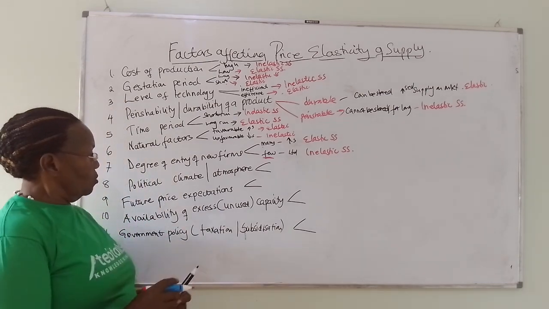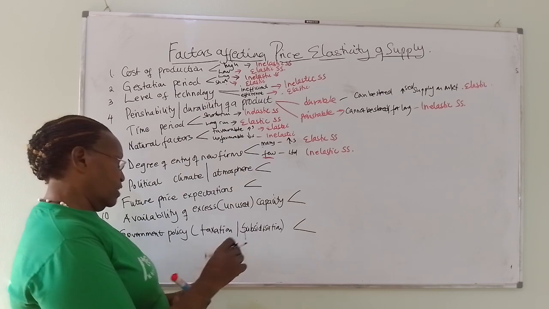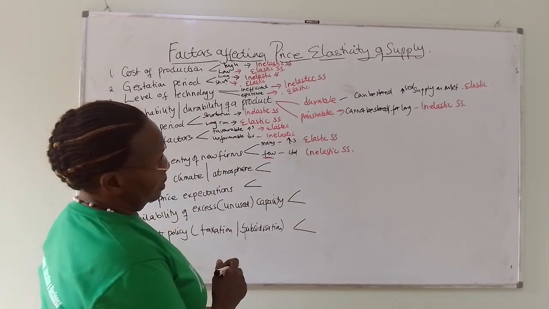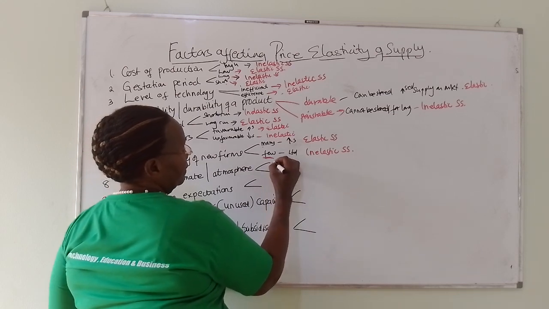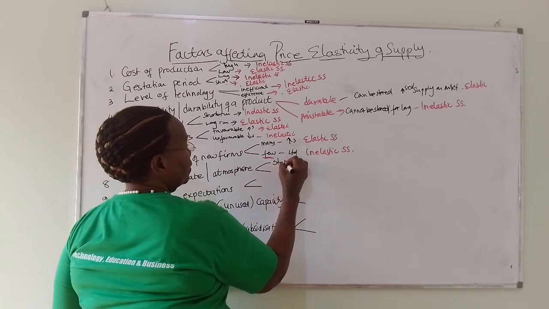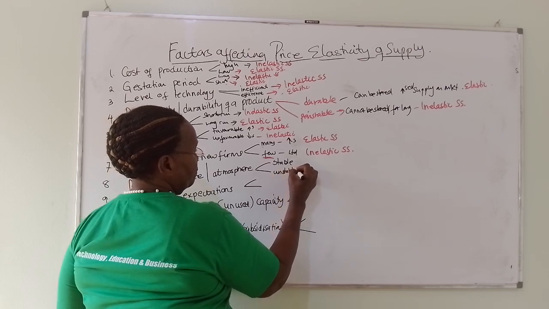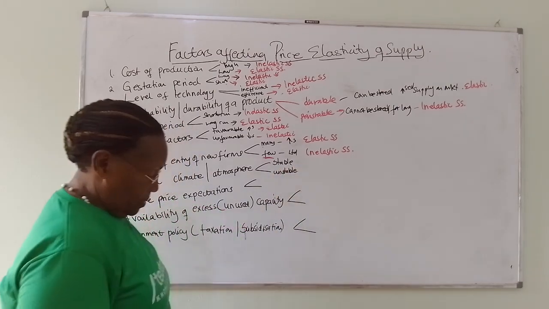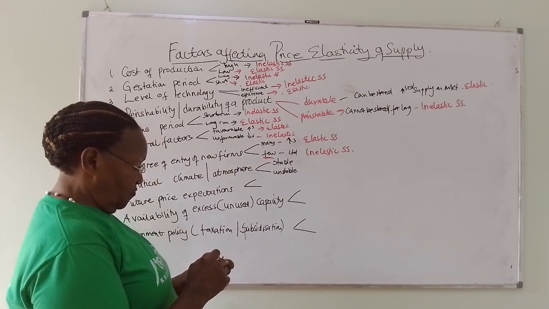Then political climate or political atmosphere. Definitely this also has an influence on our elasticity of supply. And the political atmosphere can either be stable or unstable. Wherever it is stable, people are in tranquility and they are in a position to increase the supply of their products.